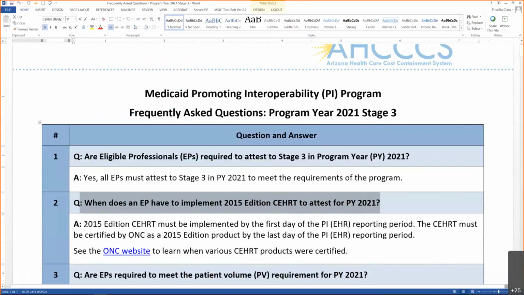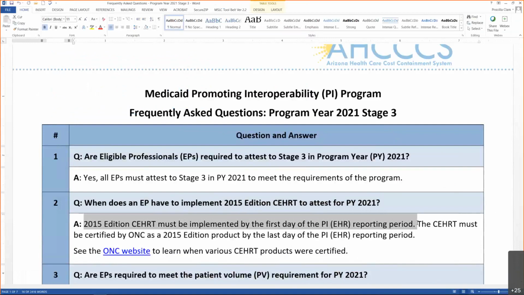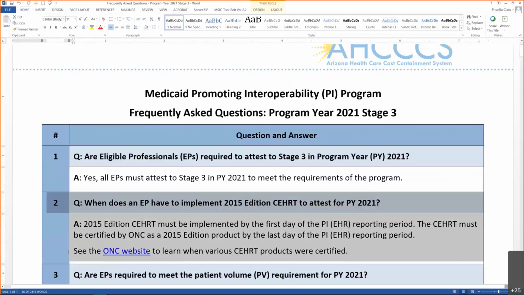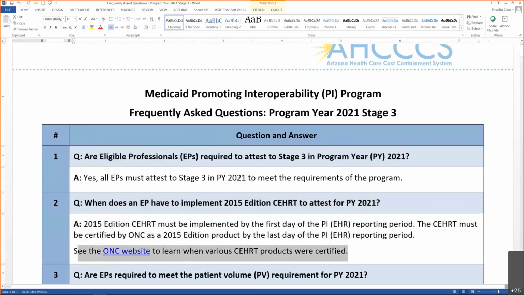The answer is that 2015 Edition Cert must be implemented by the first day of the PI reporting period. The cert must be certified by ONC as a 2015 Edition product by the last day of the PI reporting period. And then it gives you the ONC website link to learn when various cert products were certified. So if you do have questions after this webinar, this would be a great resource to go to see if that question is already answered here.